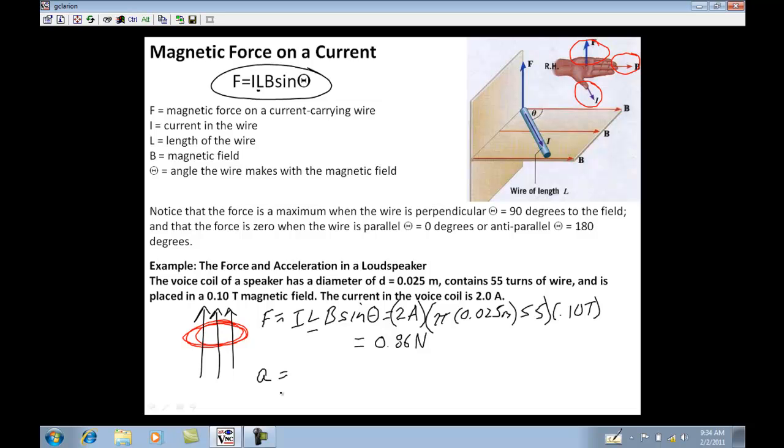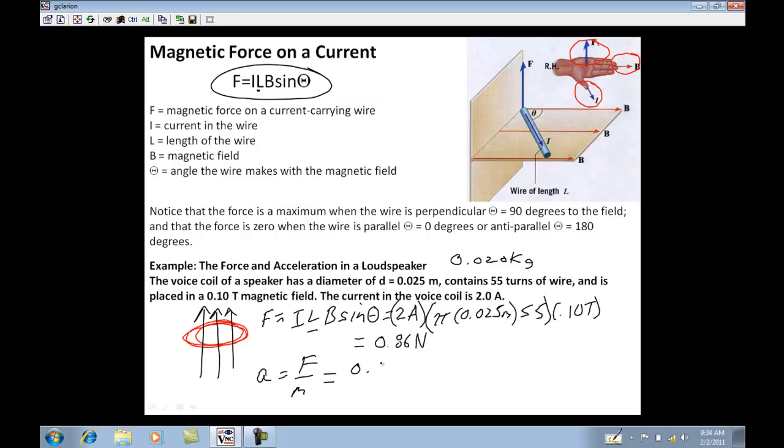I definitely would need the mass. In this particular problem, I didn't give you the mass, so let me give you the mass. The mass is 0.020 kilograms. I would find the acceleration by using Newton's second law, taking the force and dividing it by the mass.